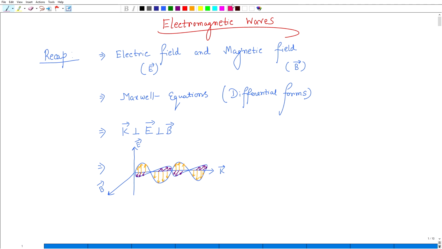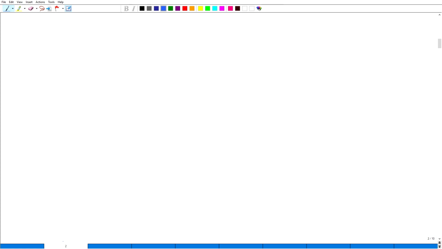Today's class we will start with displacement current. Okay. So, our first topic is displacement current. But to understand displacement current, we have to learn about Ampere's Circuital Law.